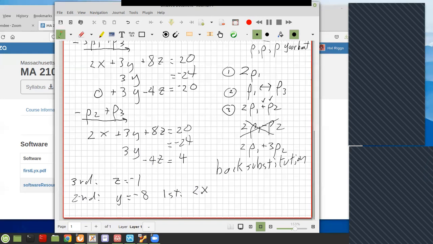And so the first equation is 2x plus 3 times -8 plus 8 times -1 equals 20. And this is minus 3/8 is -24. Then minus another -8 here is going to be -32.